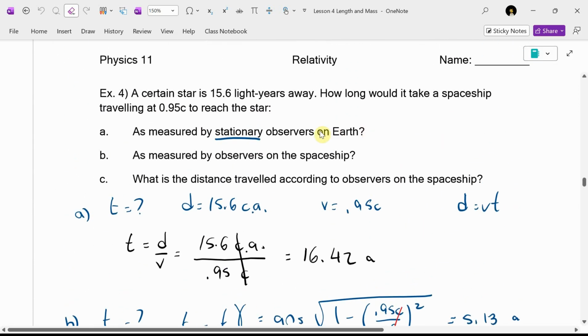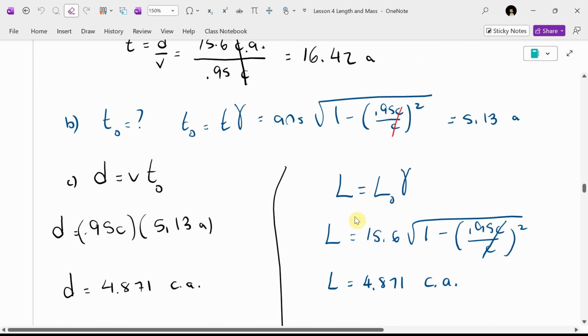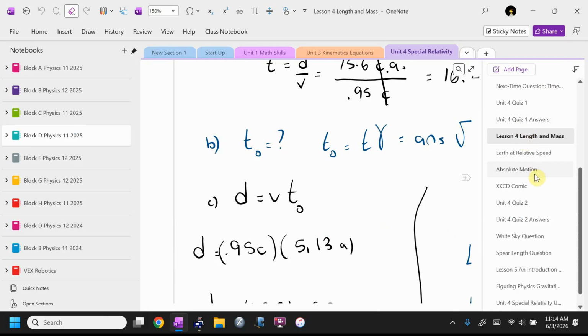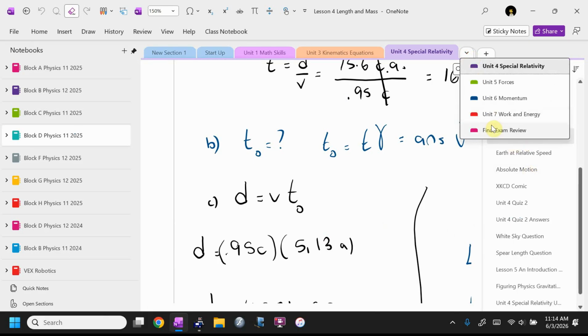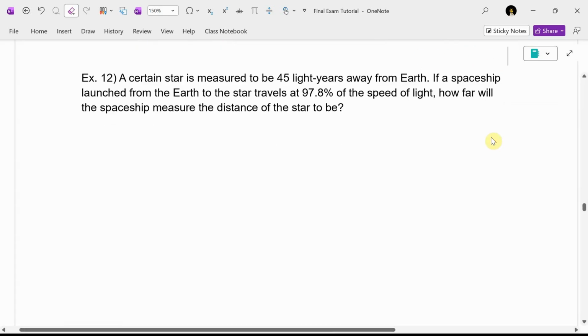We found the time back home, the time on board, and then the length. There's a much quicker way: tackle it as a length equation. We can pretend the spaceship isn't moving, and space is moving past it and contracting.